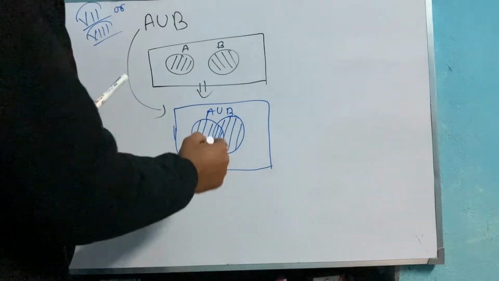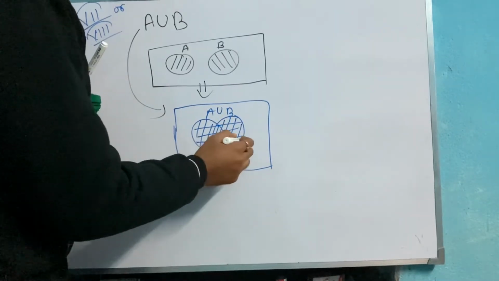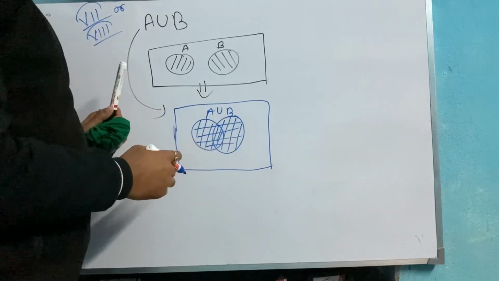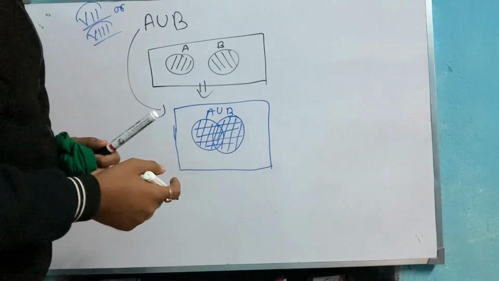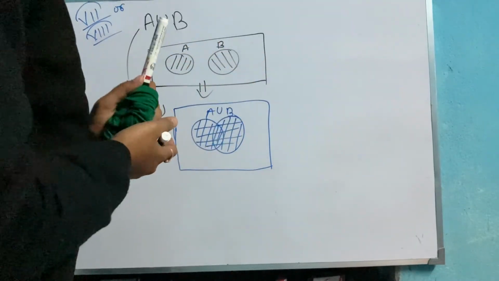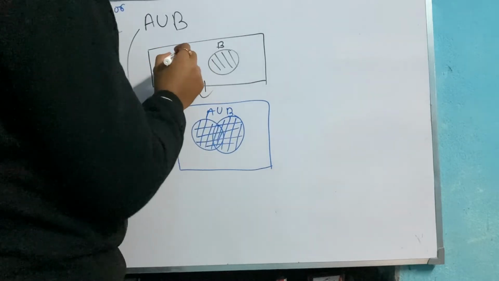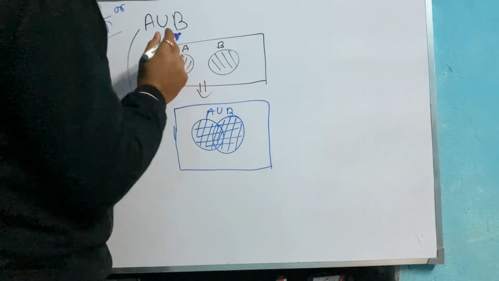This means all of the components of these sets may be present in A or in B.